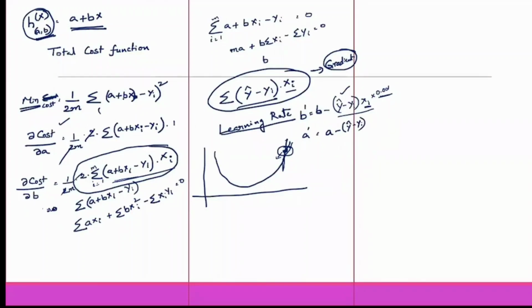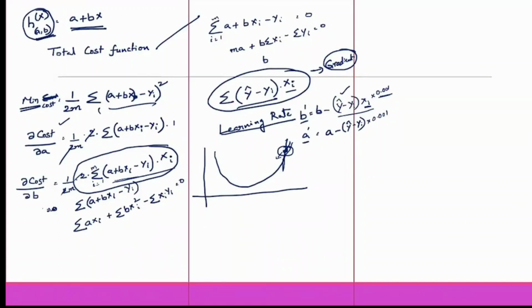I will not multiply it with xi, and I'll multiply it with a learning rate. So basically, I'll get a new value of a and b. I'll use these new values of a and b again to fit one more function. Then again, I can use a cost function. Then again, I will use gradient descent. This process keeps iterating till I am able to achieve the best possible error.